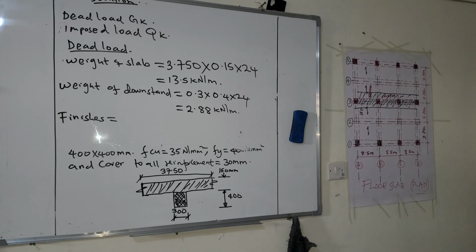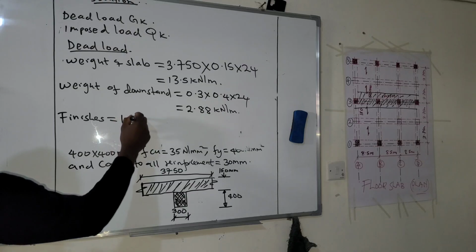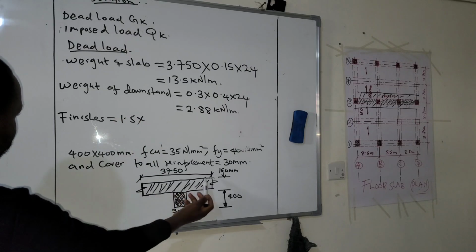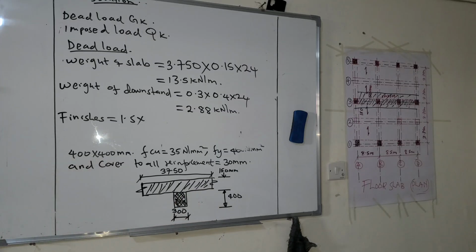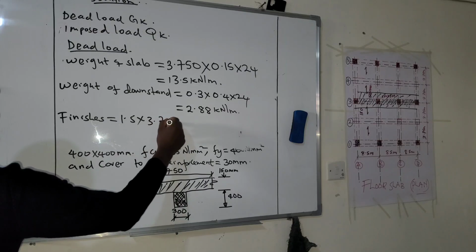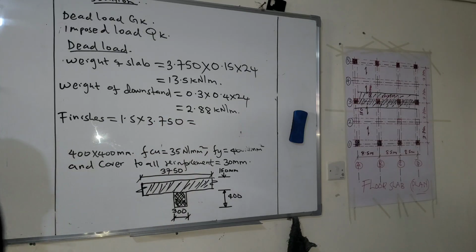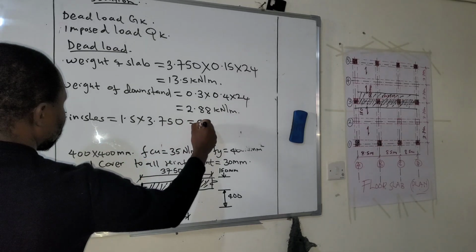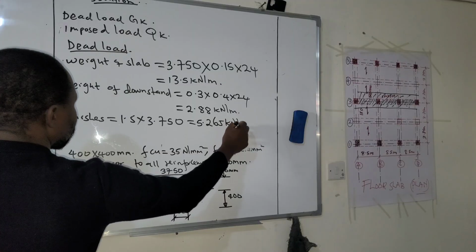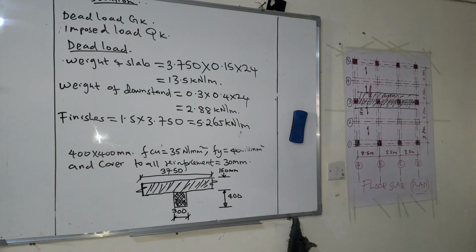So 1.5 times the effective length, which is 3.750. So you will get the answer 5.625 kilonewton per meter.